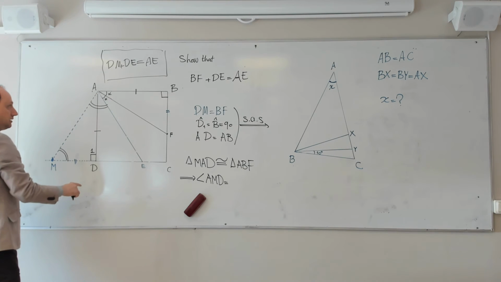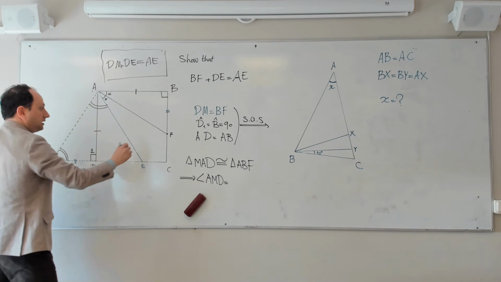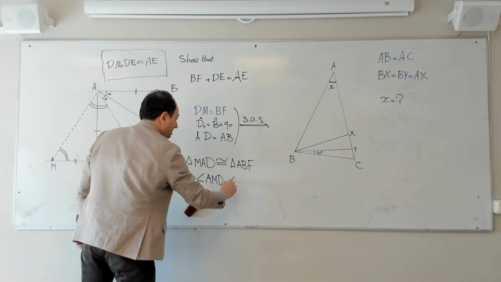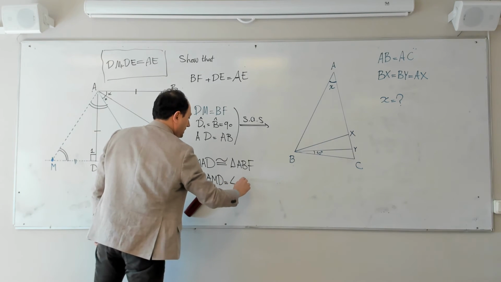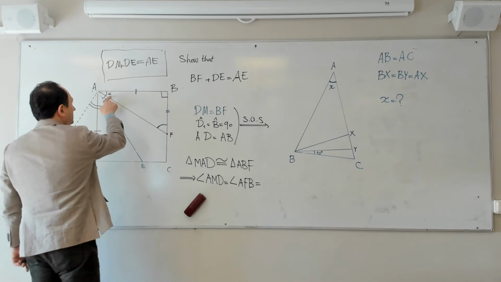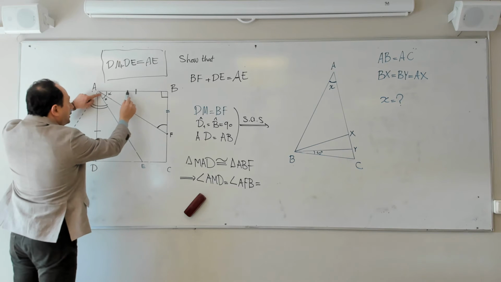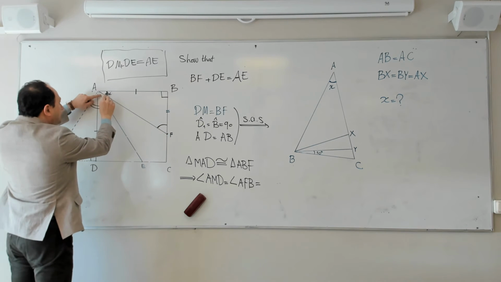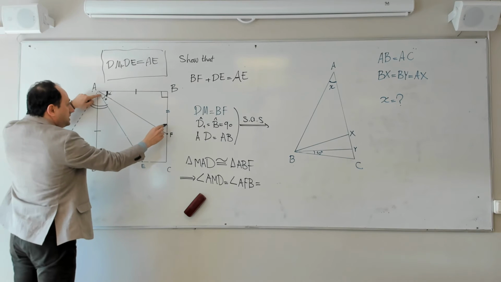Should it be AFB? Exactly. So this becomes angle AFB. But can you tell me what AFB is in terms of alpha? You see, this is a right angle triangle. If this angle is alpha, what is this angle then?